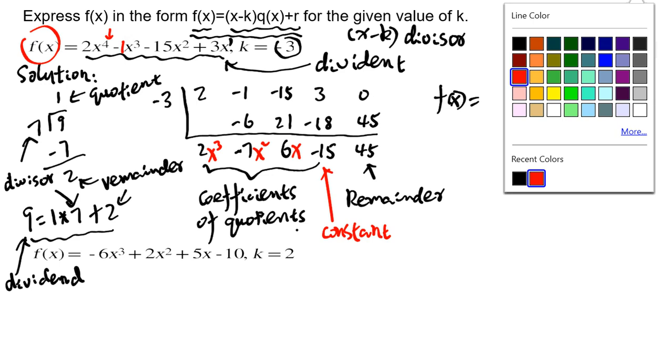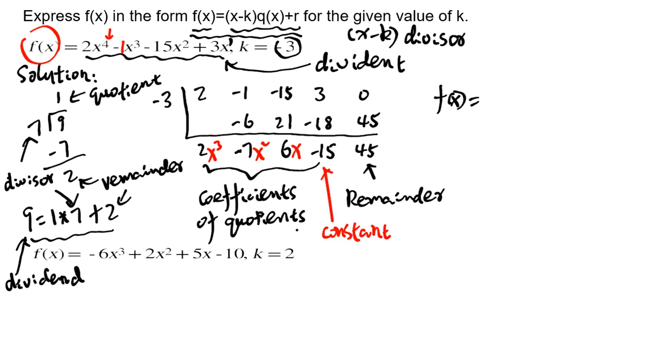So then this f of x can be written in this way. Let me write it in red. That will be the 1 times 7, so divisor times quotient. Our divisor is x minus k, so you want to do x minus -3.